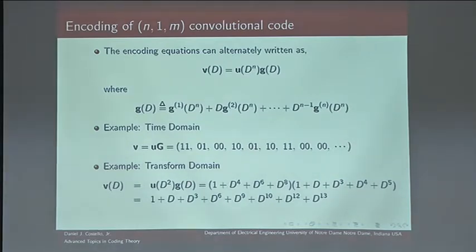And we multiply that by this g of d polynomial, which in our case would be g1 of d squared. g1 of d was 1 plus d squared. So g1 of d squared would be 1 plus d to the 4th. And g2 of d was 1 plus d squared.